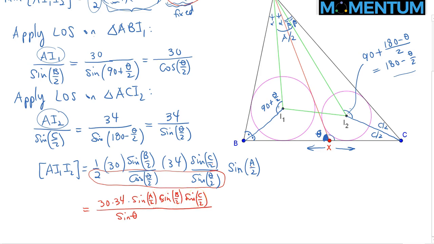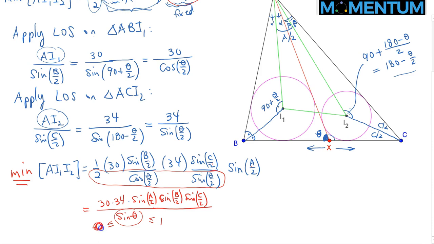So now the main challenge is to establish what these are. The reason I say that is because remember that we are trying to minimize this expression. Sine theta is between 0 and 1, because theta cannot be more than 180.